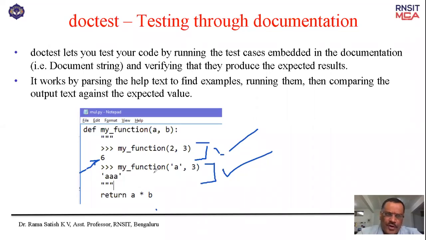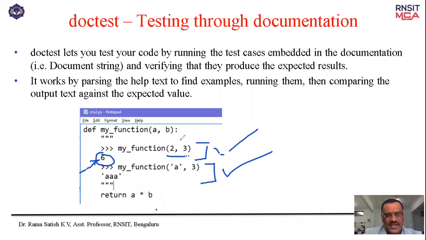When you look into doctest, it works by parsing the help text, that is the test cases, where you pass example values, run them, and compare the output against the expected value. Here 2 and 3 are the test case values that you are passing to the function, and you should get 6. You are giving the input and also the expected value.